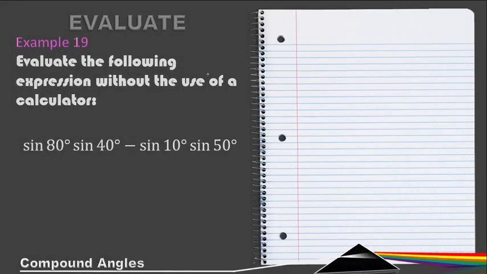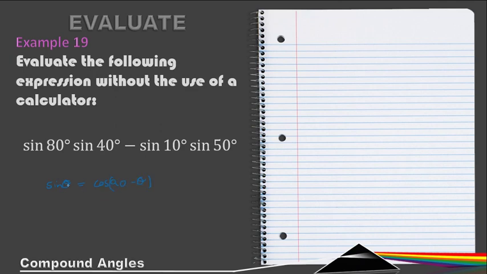Example 19. Once again, we're going to evaluate this without a calculator. And in this case, we've got sine 80, sine 40, sine 10, sine 50. So we don't see any corresponding angles that are equal. But what we can do is use the identity that says sine theta is equal to cos 90 minus theta.